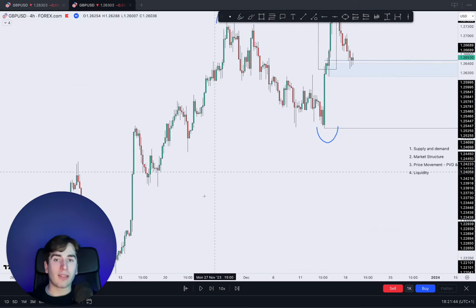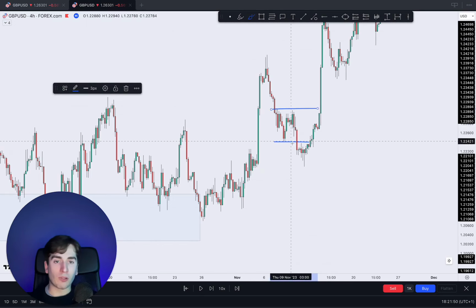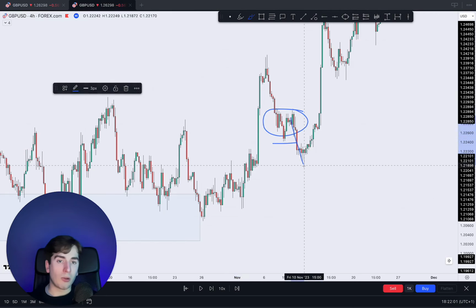So just to highlight this, a good example would be, let's say over here, we have an area of consolidation. Inside of here, people assume that support is formed and they put their stop loss below the range. So below this range, you can see stop loss get taken out, then reversal towards the highs.